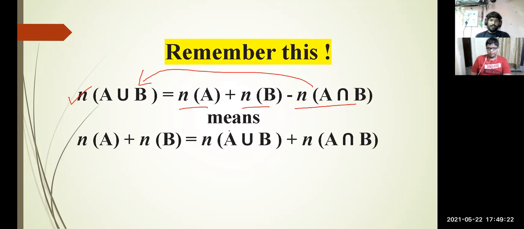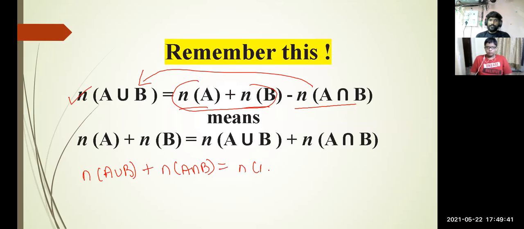So n(A ∪ B) + n(A ∩ B) is equal to n(A) + n(B). This is just rearranged and you get this one.